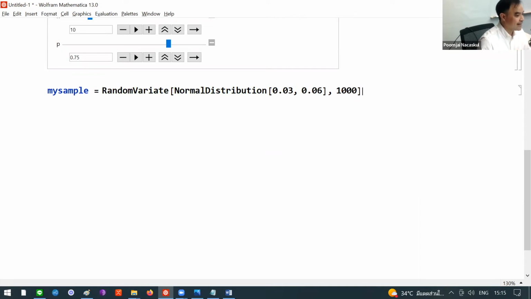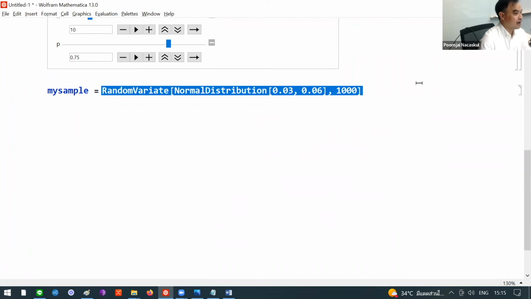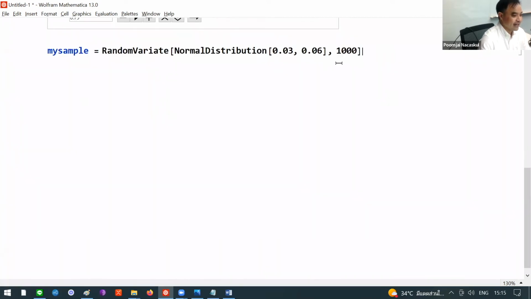The point is, in reality, you don't do this yourself because you're not generating, you're not God, creating the numbers. In reality, you would say, my sample is equal to import something like, set stock return data 1,000 days .csv or something like that. Okay.